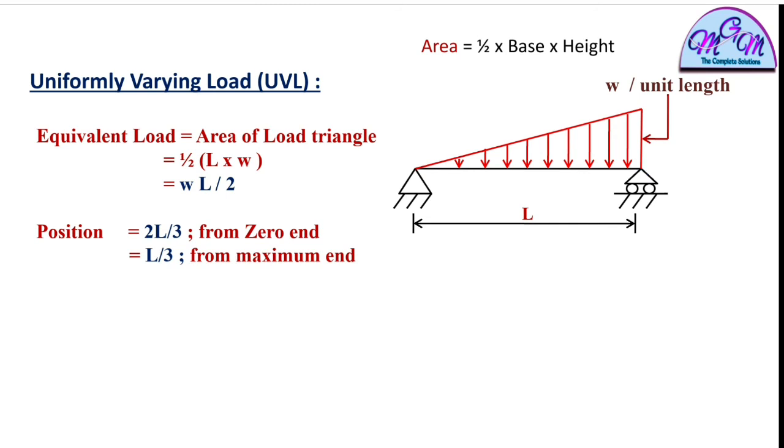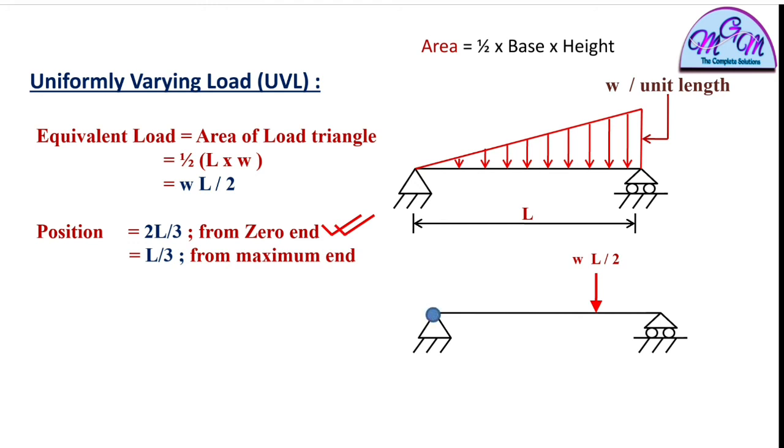So if you want to convert this UVL diagram into a concentrated load, first draw the simply supported beam and show a concentrated load on it. But remember, its position will be 2L by 3 from the 0 end, and the 0 end is here.